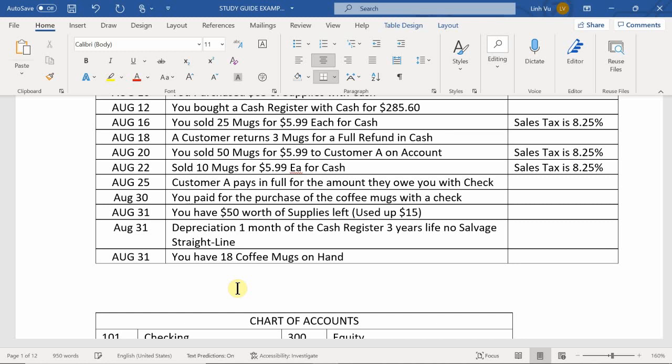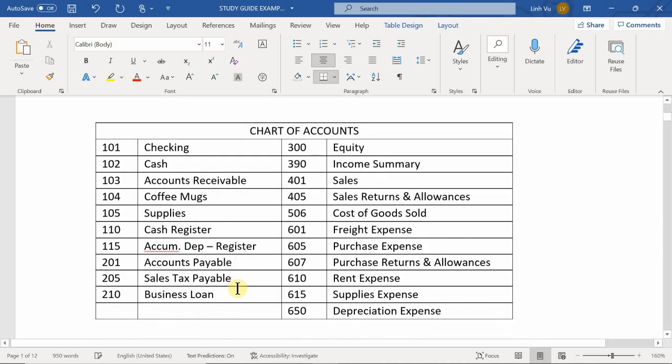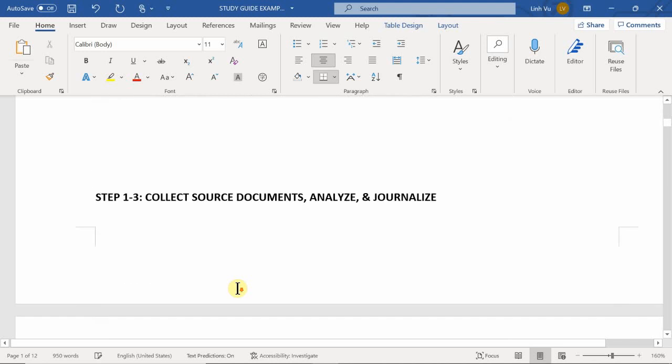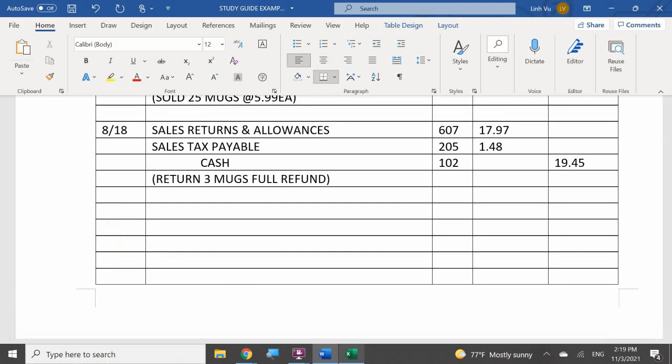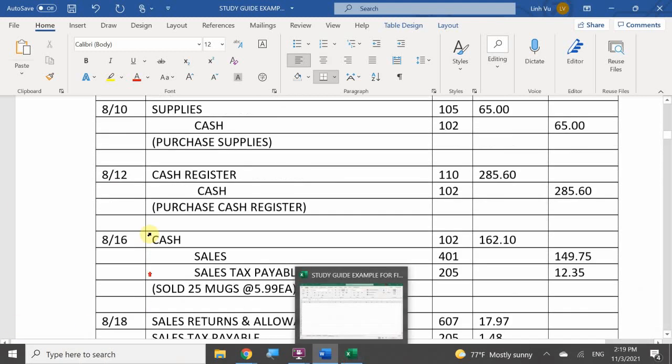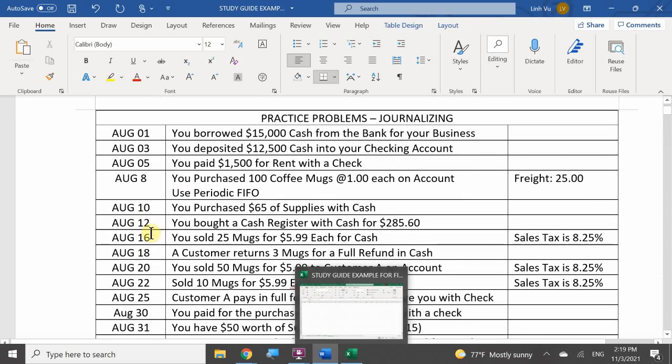Sales. So we sold 50 mugs to customer A on an account receivable, not payable. Accounts receivable, sales tax. This was the 20th.